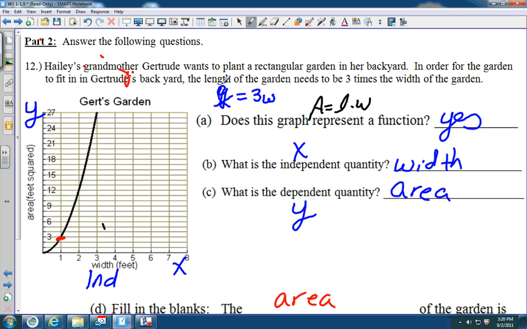That's where I'm getting confused here. The length is 3 times the width, so if the width is 3, the area is 27. So I've got 3 squared, which is 9. Sure enough it is.